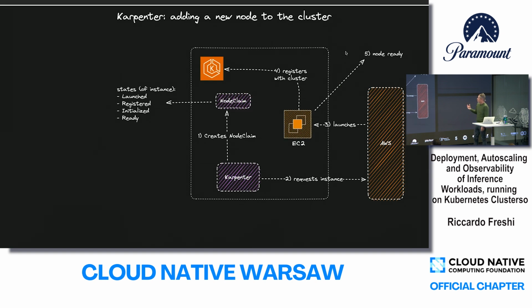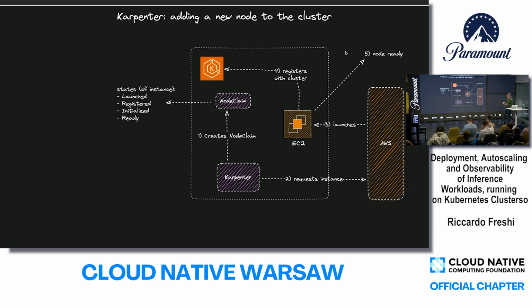So I was saying about how Carpenter works when adding nodes. It first creates a node claim. A node claim is like a declaration of what will be created, what kind of node will be created. And then it requests the instance from the cloud provider, AWS, but it can be others. Carpenter is also supported, and the interface is implemented, in other cloud providers, by the way.